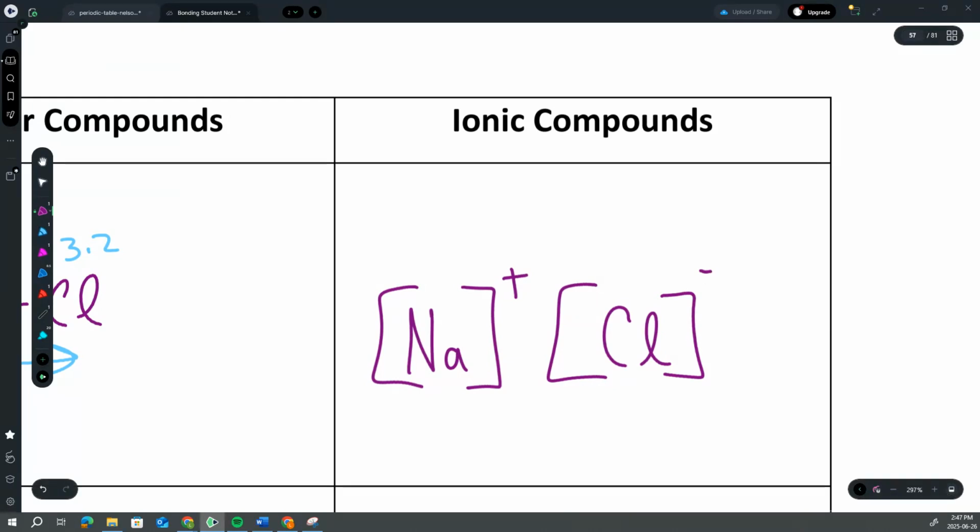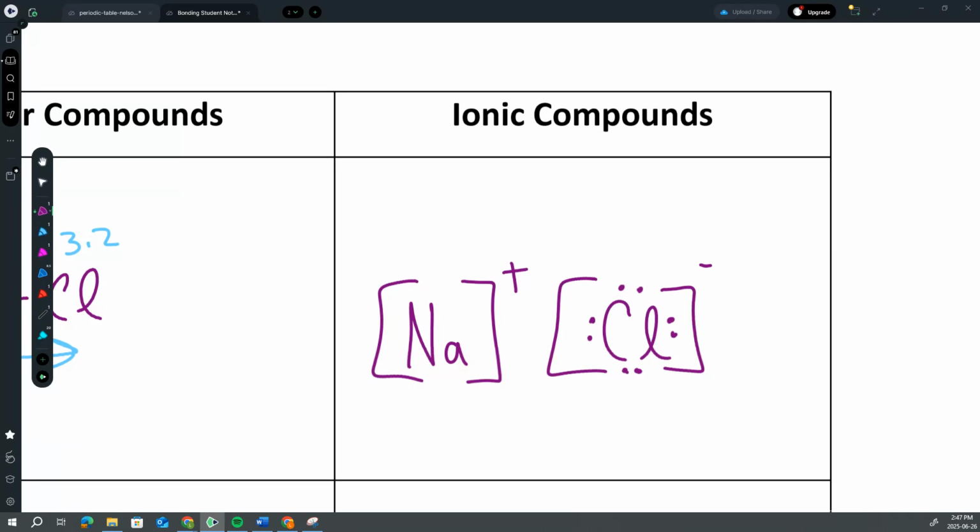Okay, and I guess you could even just do it like so. And if I'm drawing this Lewis dot diagram of an ion correctly, because the chlorine gained an electron to its outermost shell, I would draw all of the electron dots like that.